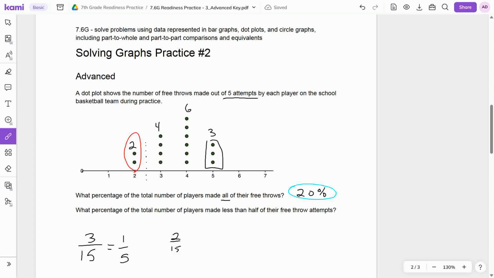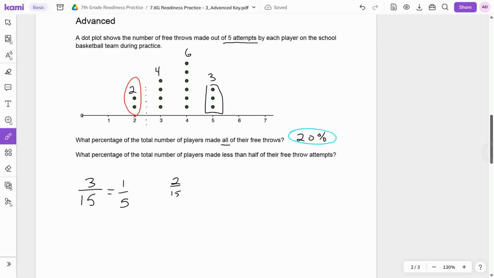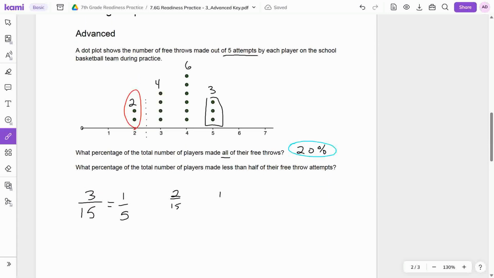So we are going to need to divide that. That's not a benchmark fraction. So let's see if we can get a percent on that. So 15 goes into 2 once. We have to add zeros quite a bit here. And look what we have here.